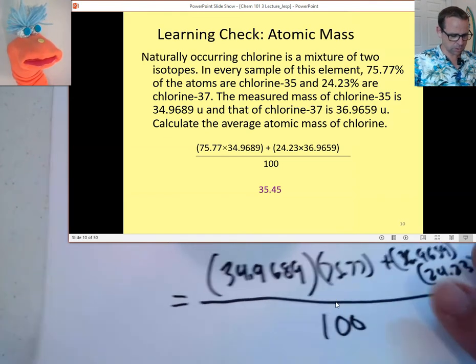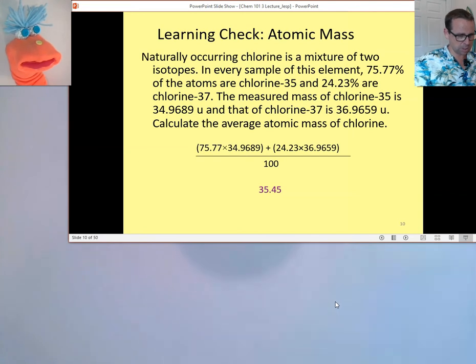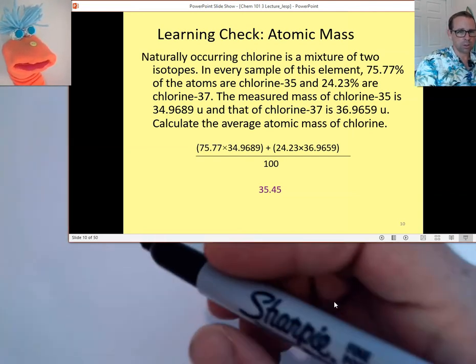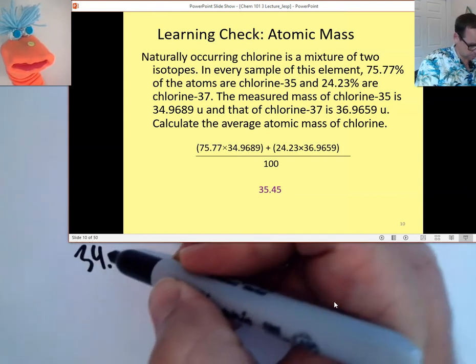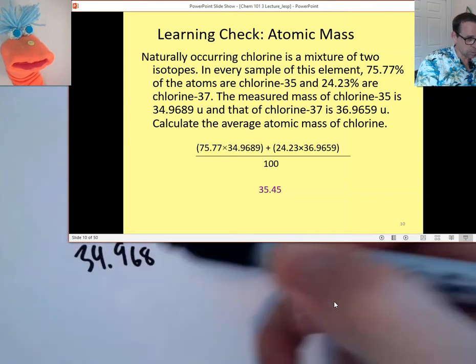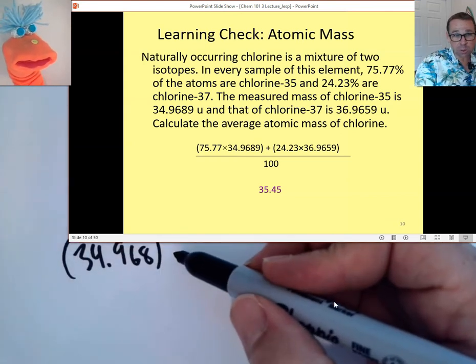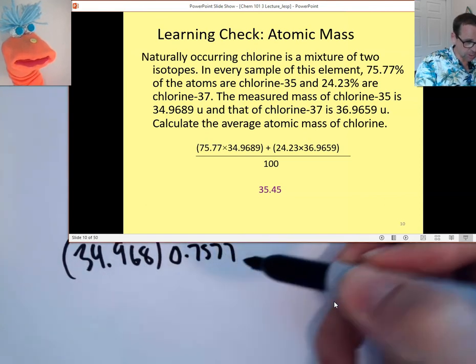Right? We could have also set this up a slightly different way, and some people have been taught this in their previous chemistry class, where you take the mass of the first, 34.968, and you multiply it by the fraction instead of the percentage, which is 0.7577.